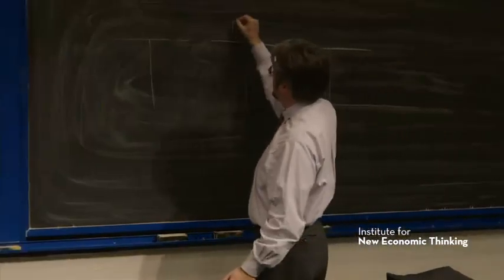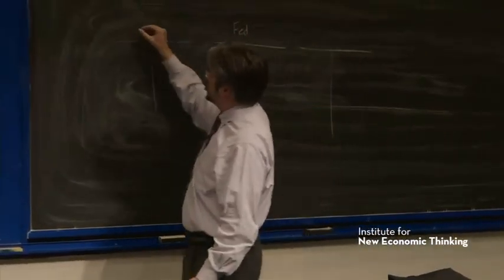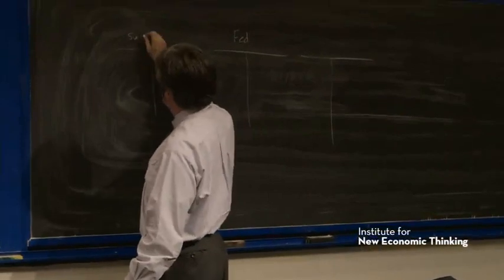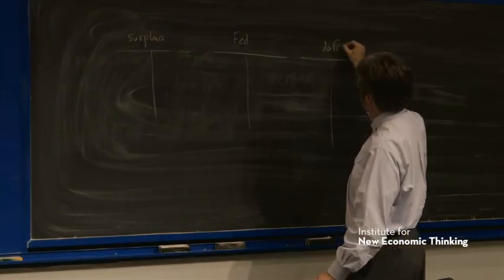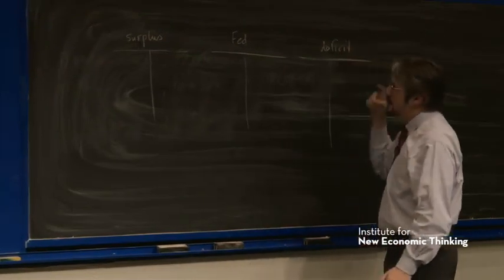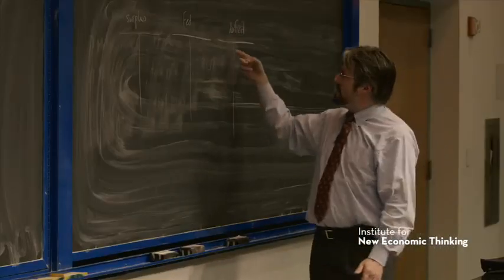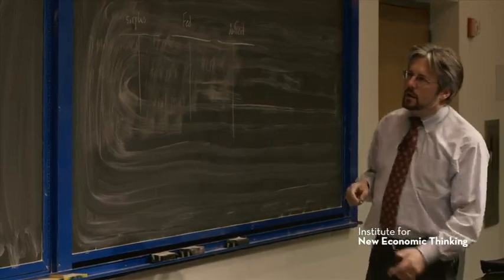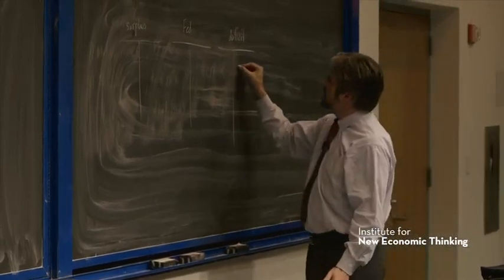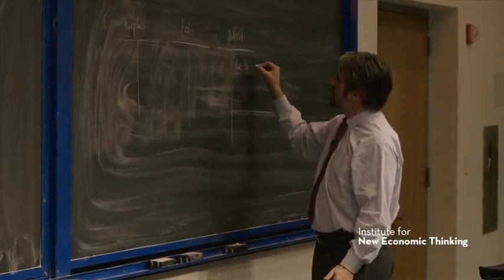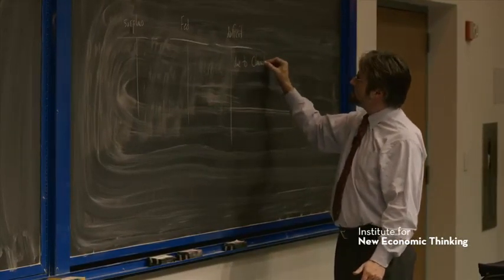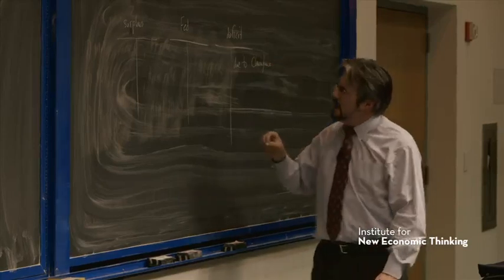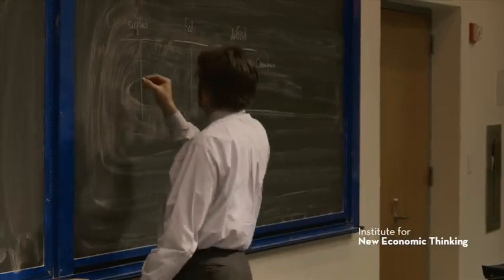There's the Fed here, and there's the surplus. I forget which one I put on the left. One was the surplus and one was the deficit agent. The deficit agent is the one who has due to the clearinghouse, let's say, and the surplus has due from.